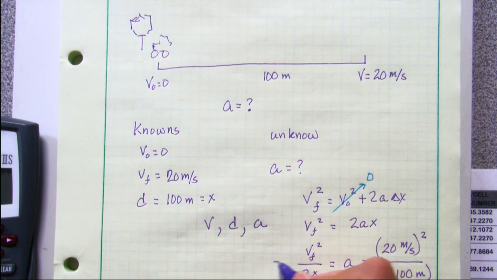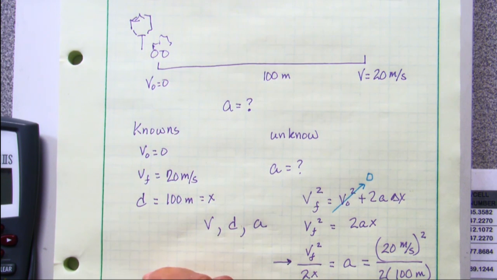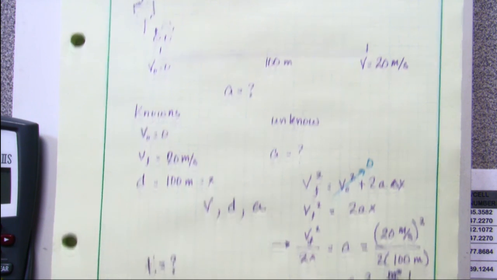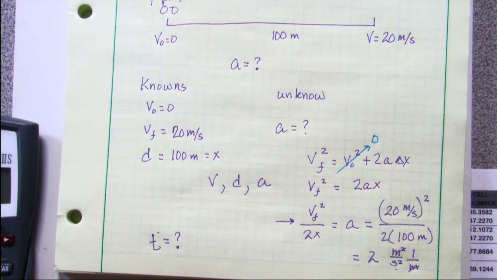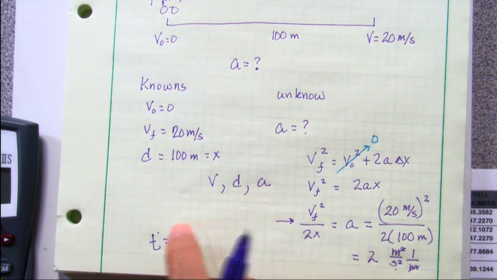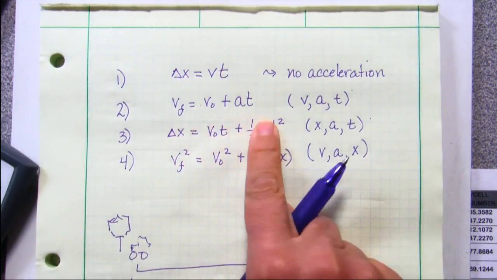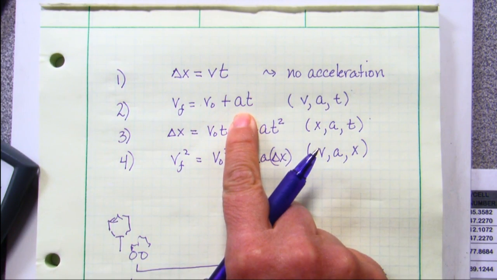Now, once I know acceleration, part B of the problem may ask me for time. Well, if I know acceleration, I could use equation 2 now because I've already figured out acceleration.